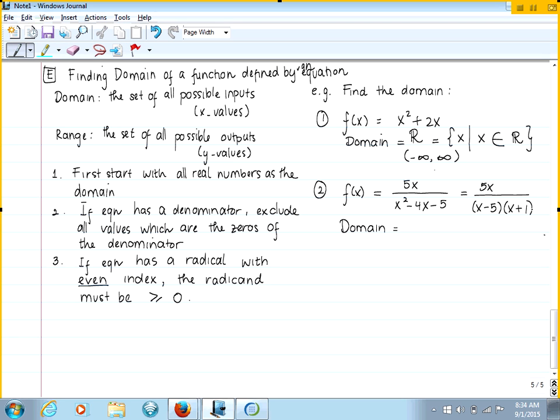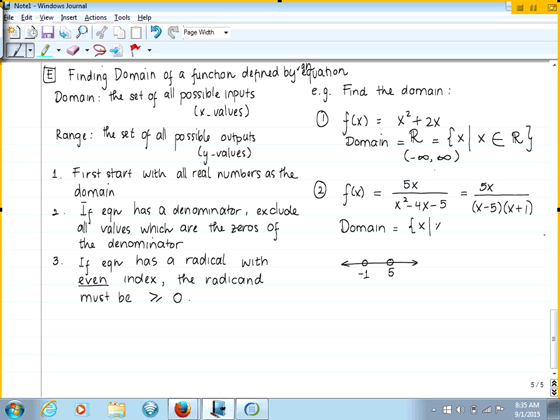That's right. Then what is the domain? What values do we exclude? 5 and -1. It might be easier to draw the real number line, with an open circle at 5, meaning we exclude 5 and -1. So the domain is all real numbers except -1 and 5.